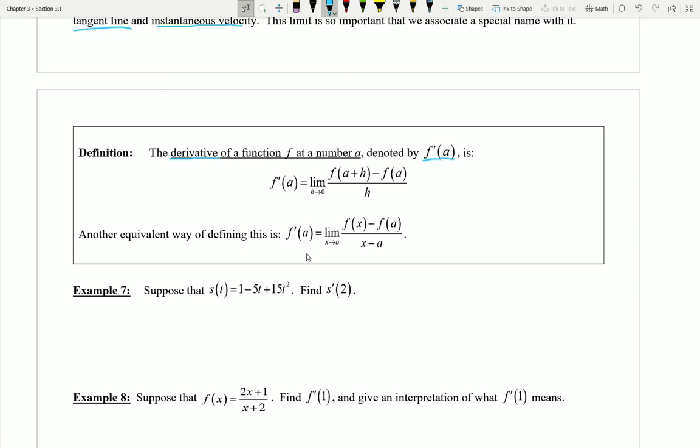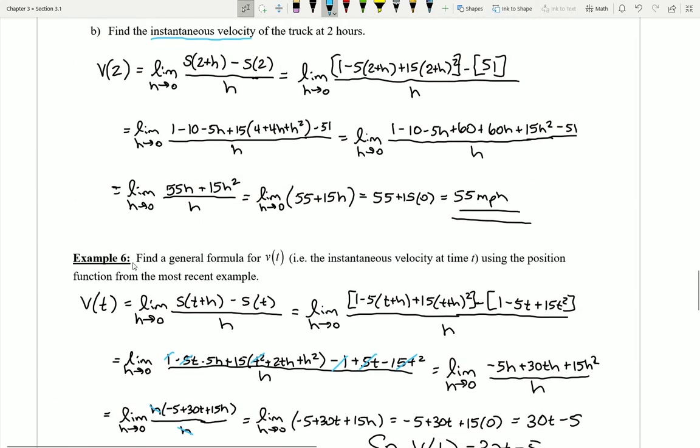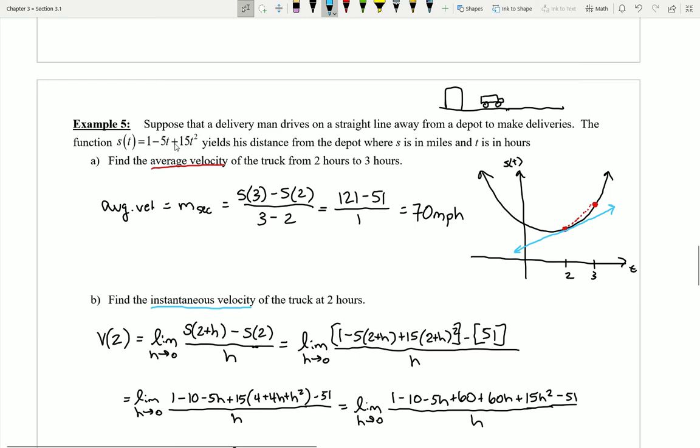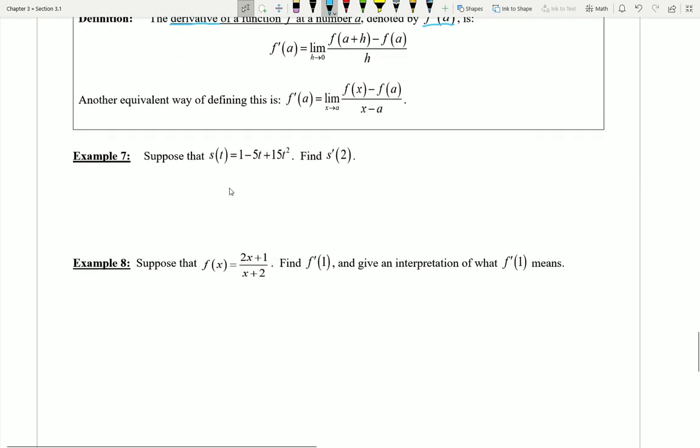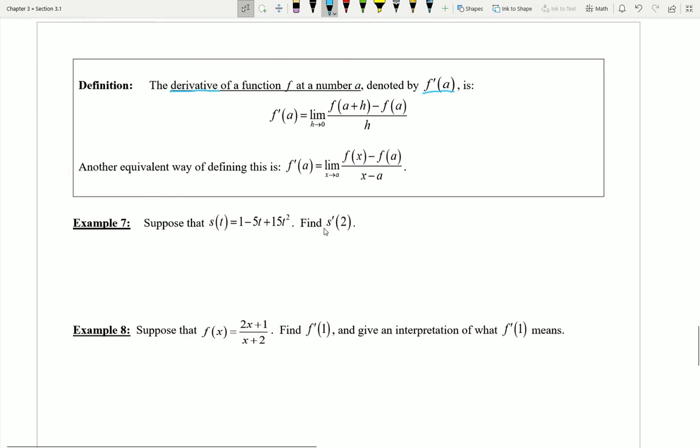So take a look at just how this notation actually functions here. Take a look at example 7. Suppose that s of t was equal to 1 minus 5t plus 15t squared. Well, I recognize this as the same function that we had back in example 6 and in example 5, and then I recognize that example number 7 is just asking me, find s tick mark 2, or what we commonly will say is s prime 2, that really just means find the derivative.